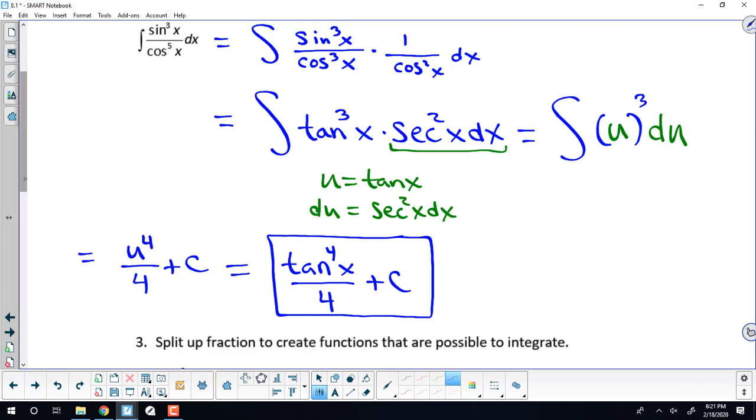So as always, the trick with trig functions are the limitless identities that apply to them, right? Usually the identities are pretty straightforward. They're not these weird one-off identities that you saw one time. They usually stick to the main ones, the Pythagorean, the double angle, that kind of thing.